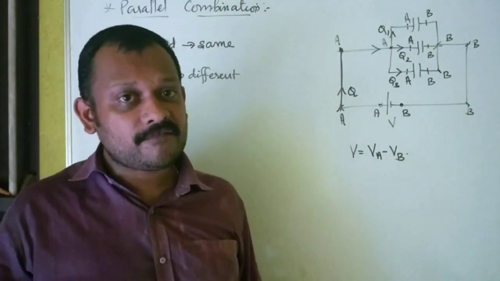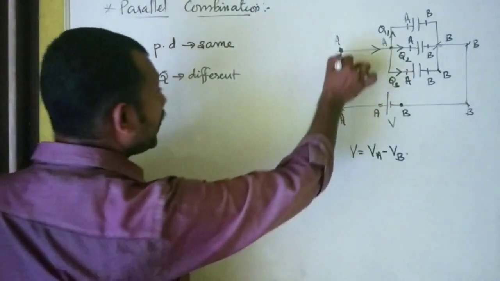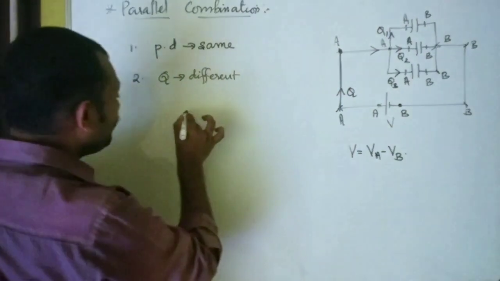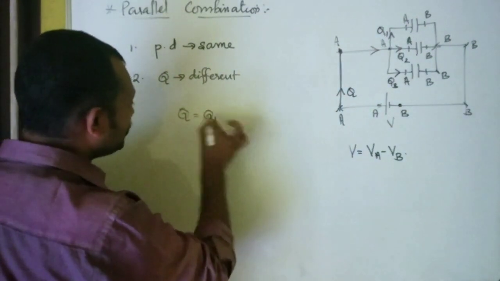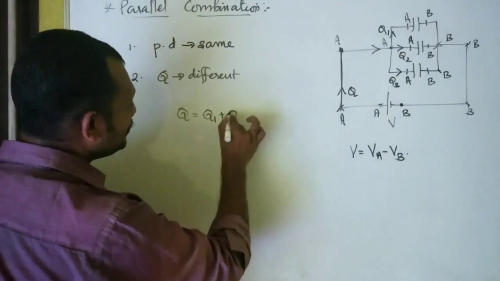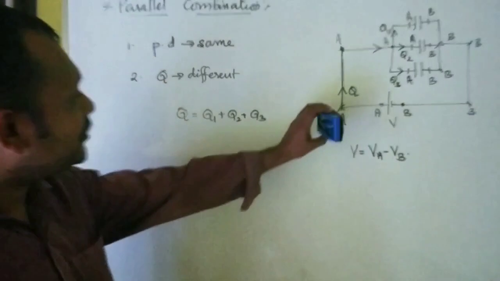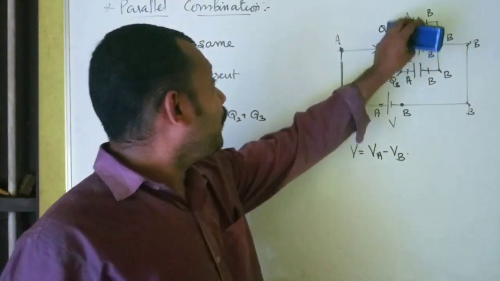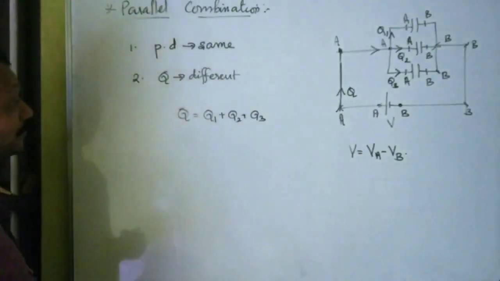In series combination we conserve the charge, whereas in parallel combination, this charge Q is reaching here, and from the conservation of charge, what is entering here is Q, what is leaving is Q1, Q2, Q3. That means Q is equal to Q1 plus Q2 plus Q3.